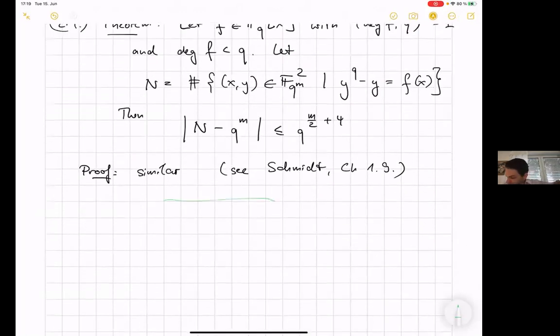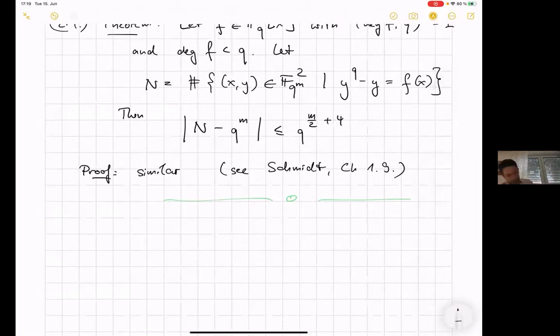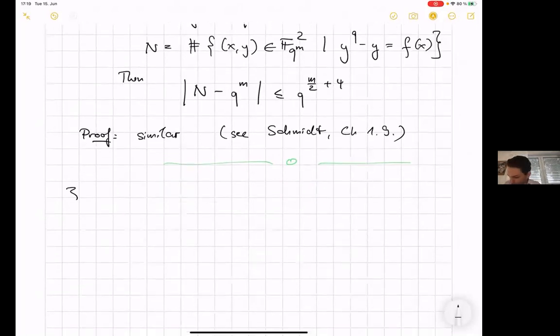Okay, and this requires some preparation. I will already start, in the last 10 minutes, with the preparation that we need in order to complete this program. And that's chapter 3: character sums and L functions.